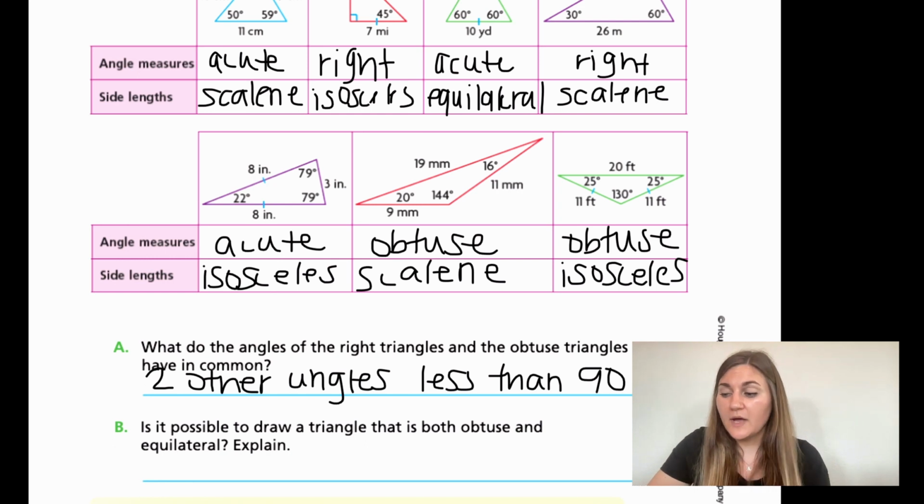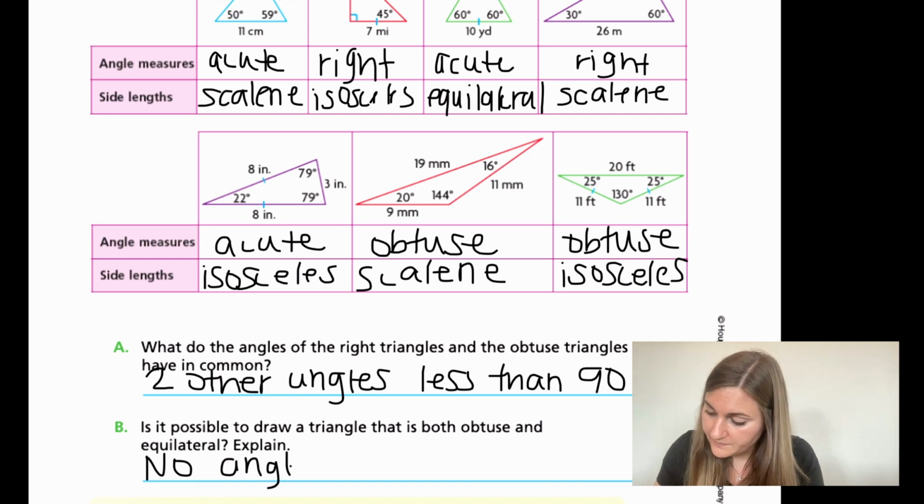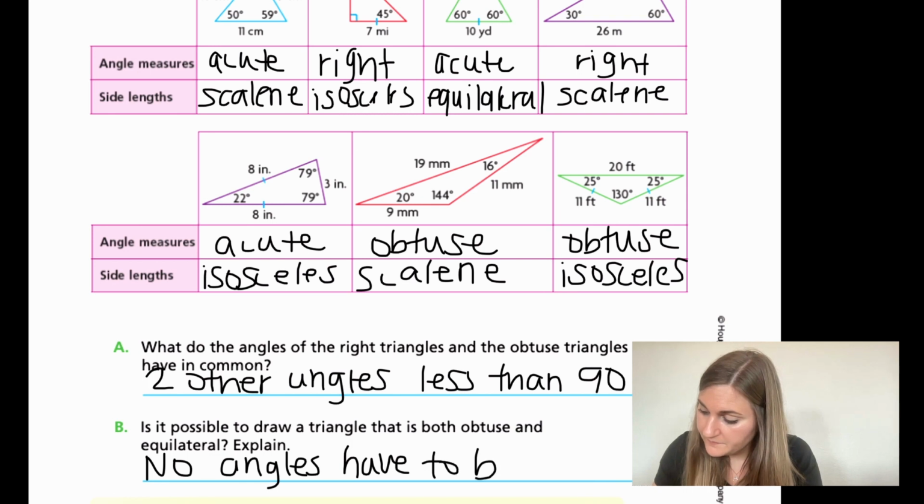So the only way for us to have an equilateral triangle is for those angles to be 60, 60, and 60. So it can never be obtuse and equilateral because obtuse means more than 90, but the angles are only ever going to be 60. That's as big as it can get. So is it possible? No, it's not possible because the angles have to be 60 degrees.